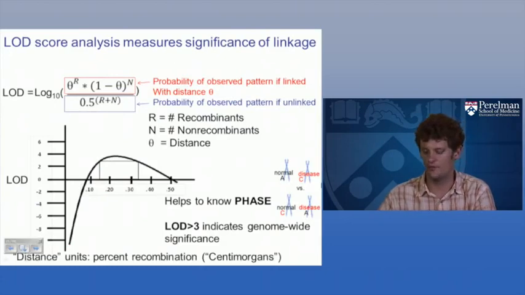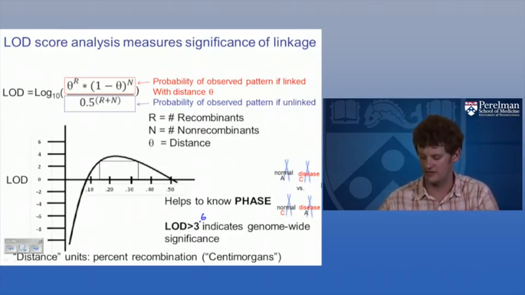And the way this is done classically is with something called a LOD score. This should be 3.6. Again, the point is not necessarily to be able to calculate this, but the concept is an important one. The way you figure out the significance of the observed linkage is to count the number of recombinants and non-recombinants.